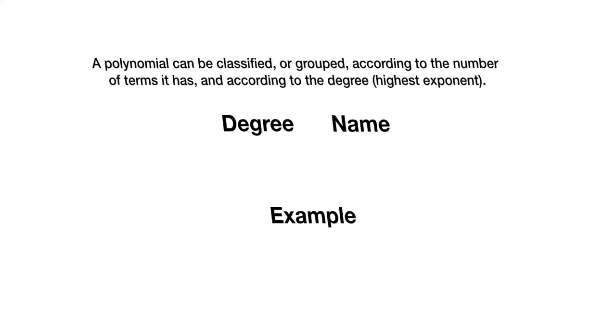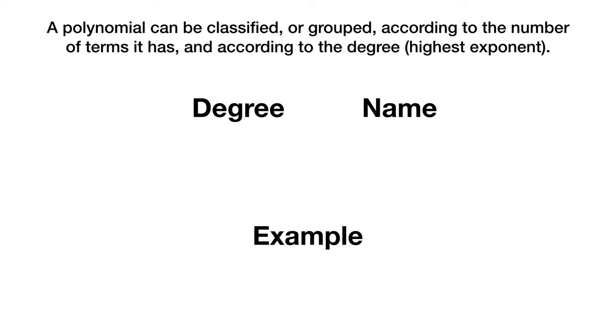Now we're going to talk about this. Polynomials can be classified or grouped according to the number of terms it has and according to the degree. So if we have a 0 degree, that's the same as saying something like x to the 0. And x to the 0 is just a constant because x to the 0 is 1.